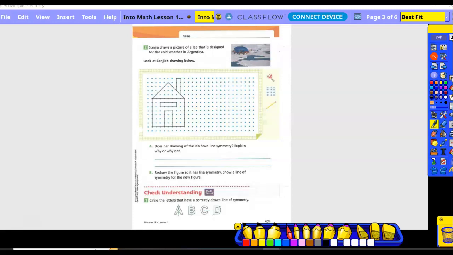So I need to still draw exactly like this. I am going to draw my line of symmetry down the middle so I can base my drawing off of that. Okay, then I have 1, 2, 3, 4, 5. If I start my dot right here and go 1, 2, 3, 4, 5, here's my other one for the tip of my triangle. 1, 2, 3, 4.